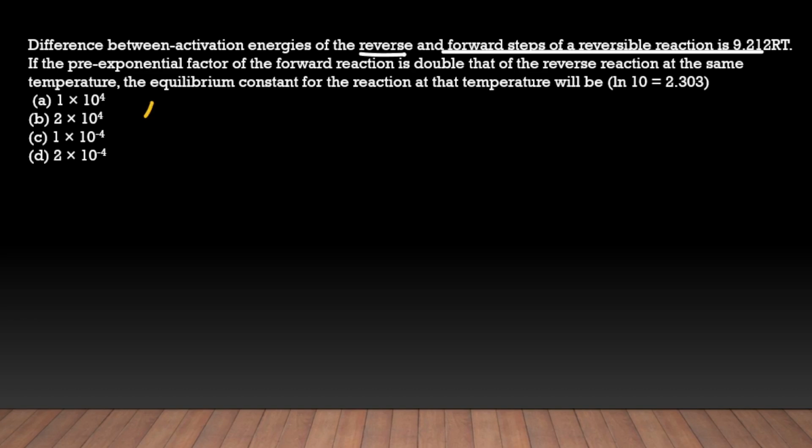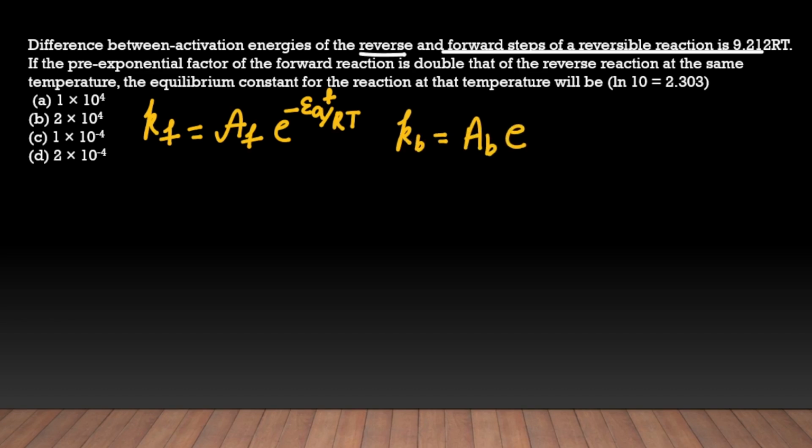So the rate constant for the forward reaction will be A of the forward reaction into E raised to the power of minus the activation energy of the forward reaction upon RT, and the rate constant for the backward reaction will be the pre-exponential factor of the backward reaction into E raised to the power of minus the activation energy of the backward reaction upon RT.